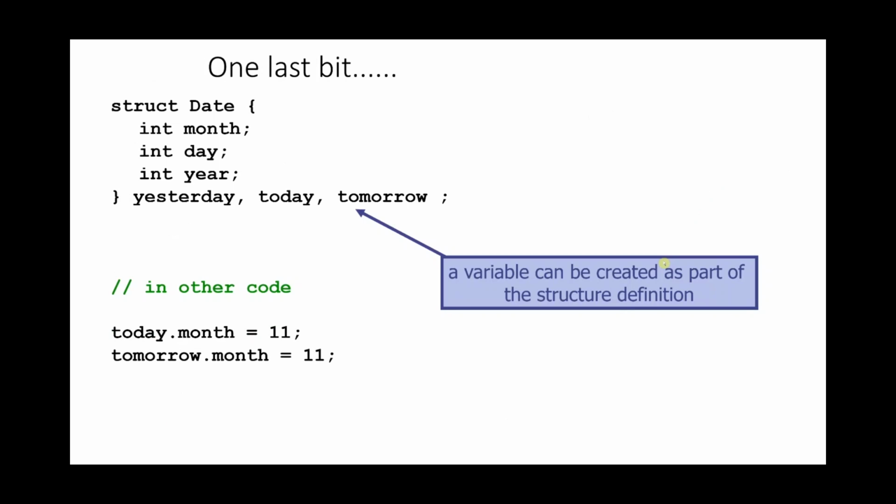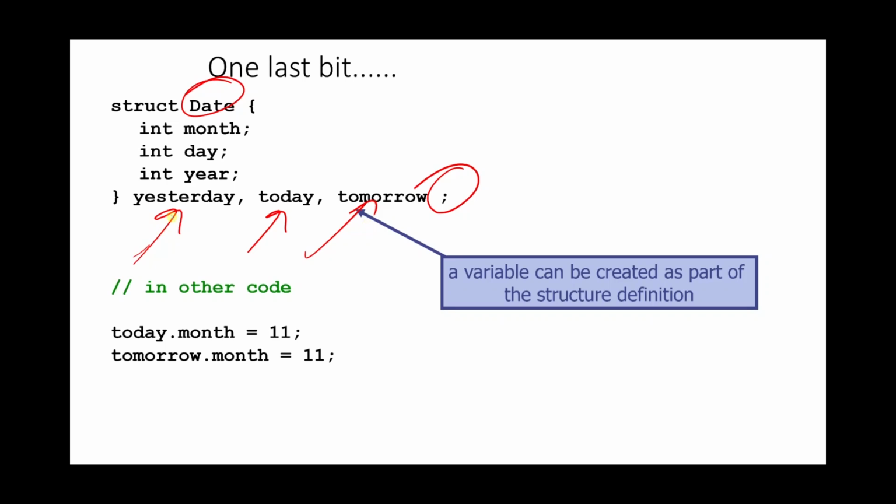So I said I'm going to tell you why we have this semicolon after every structure. The reason is that you can create a global variable of that data structure immediately, like this, without the need to go to main to create a date yesterday, a date today, or a date tomorrow.